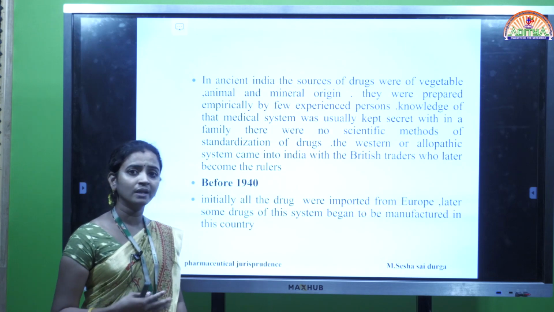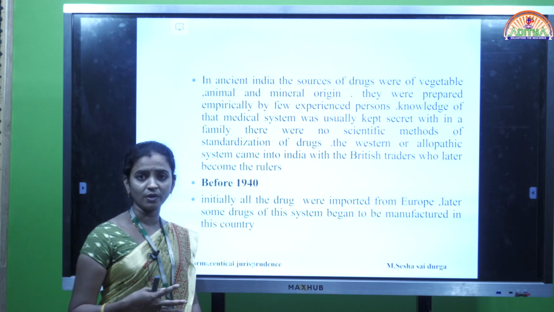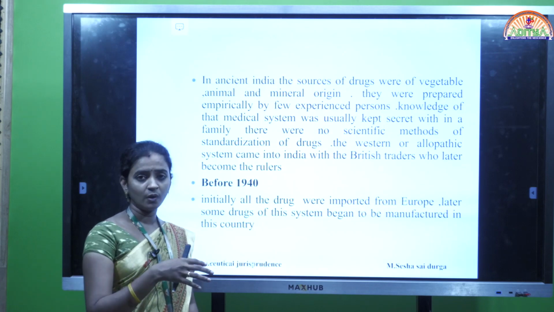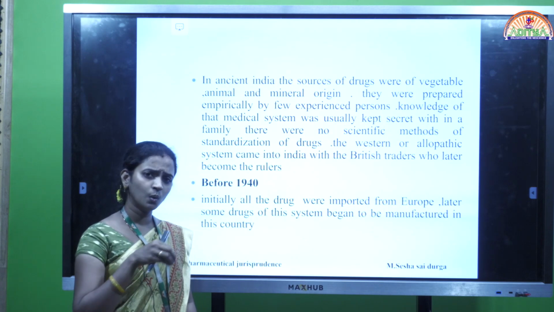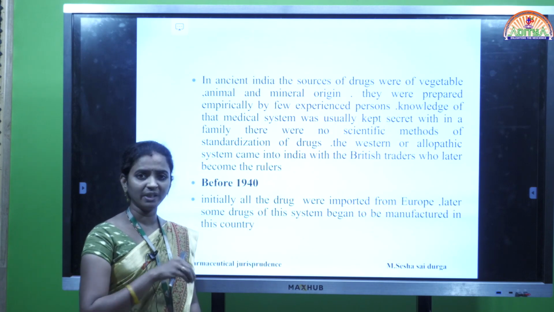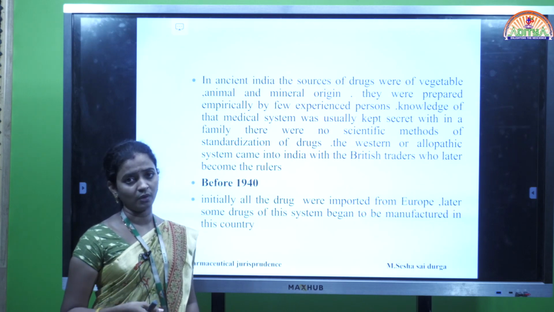So we were importing important medicines from foreign countries, and only some pharmaceuticals were prepared by experienced people in India. That was the procedure before 1940.